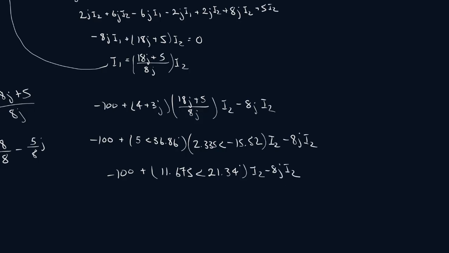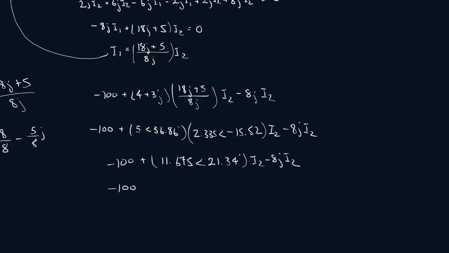Now we have to incorporate this into our phasor. So we'll break our phasor up. 11.675 cos of 21.34, that's 10.87, and then sine of 21.34, that's 4.248j, and because that's on the imaginary plane, minus 8j I2.